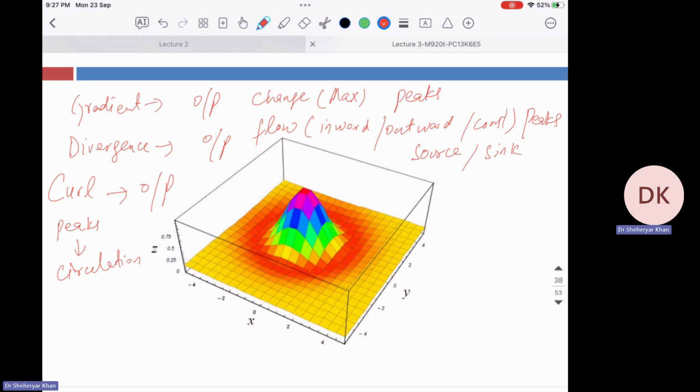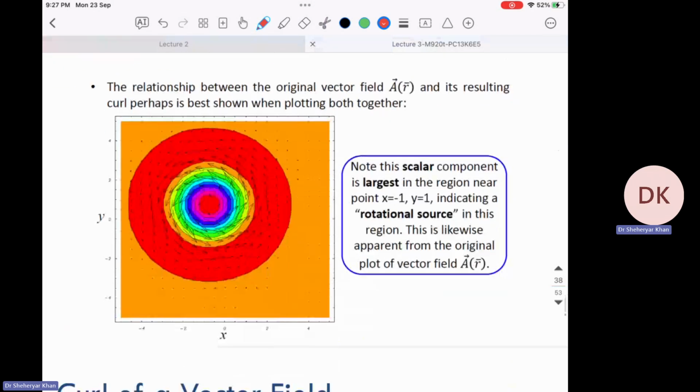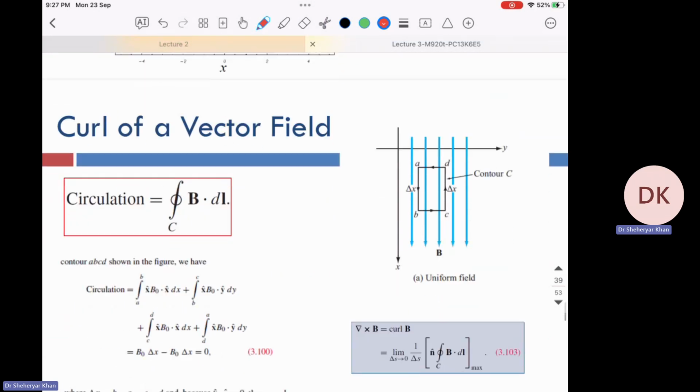Where it's stronger, where the circles or the field is more circular, right? So you can see there are three different properties, right? Now you see that at this part, if you have a field, this part of the region is more circular. Maybe the circulation is less concentric, and then at the end we have more circular, and then there's no field outside. Okay, so this is what we call curl.